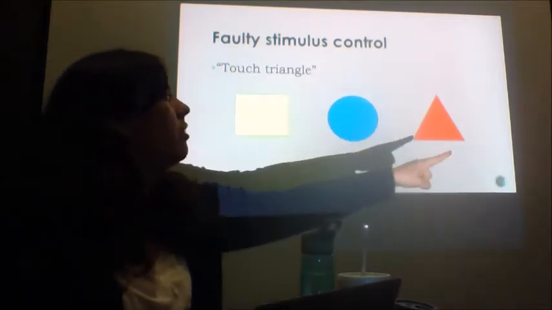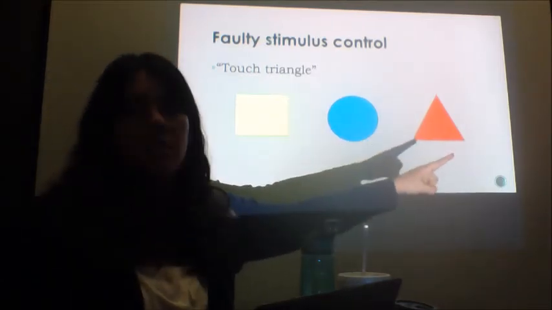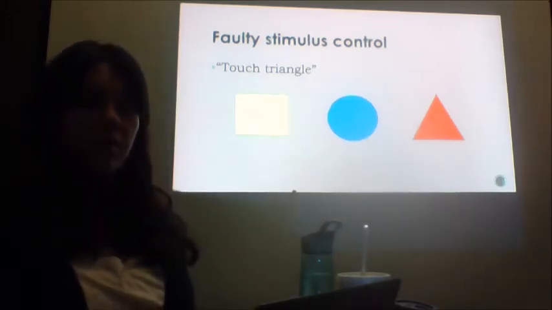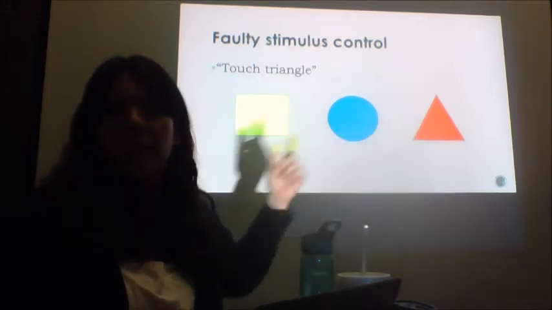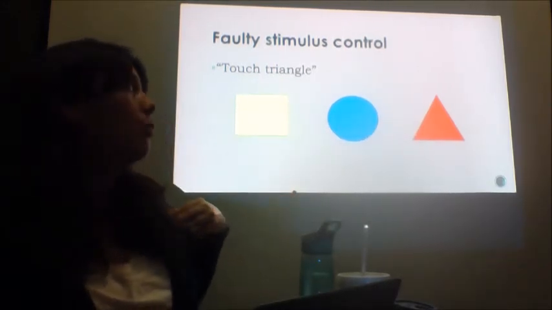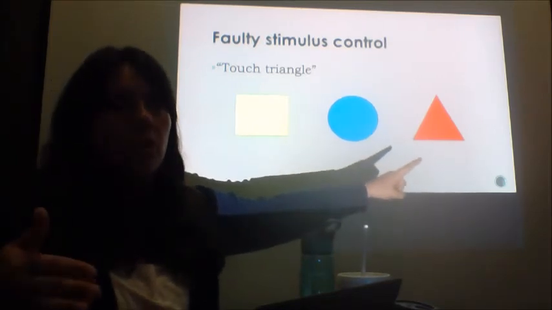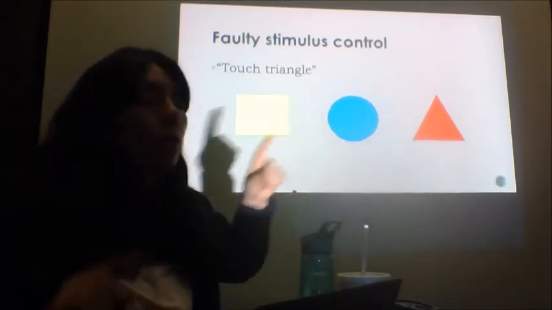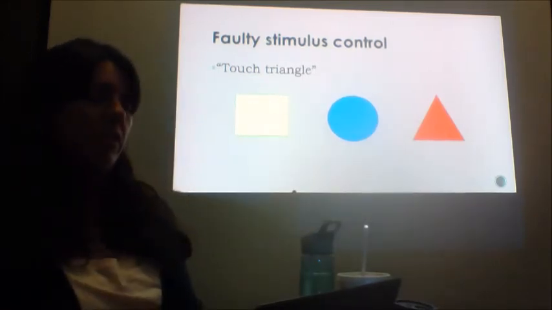You said touch triangle, but it's not like the shapes are all the same color. For all they know, they touched it and you said, yeah, that's correct. They could be responding to the fact that it's red. So we want the word and the shape, triangle, to control our kiddos' behavior, but really the word triangle and the color red are controlling behavior.